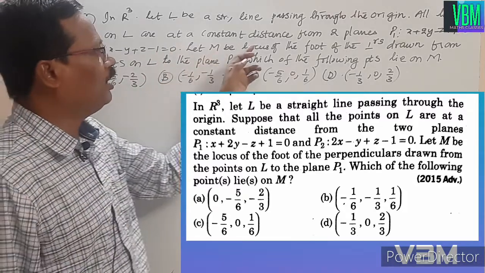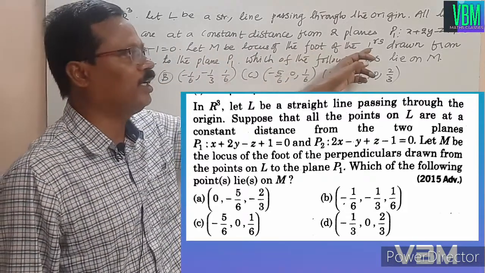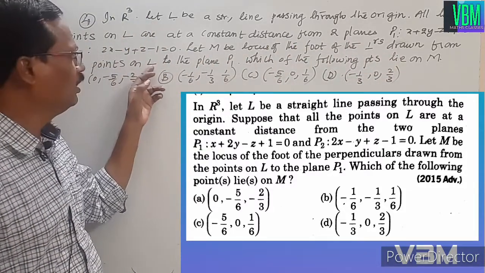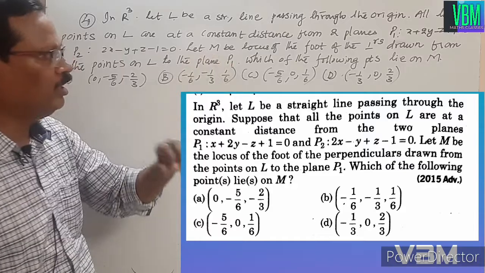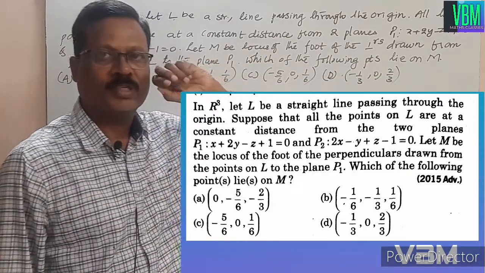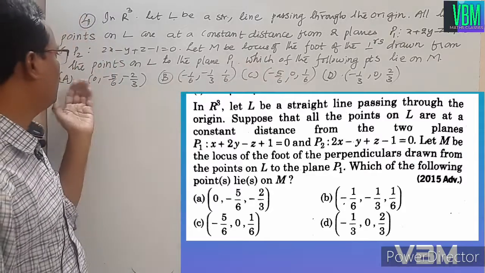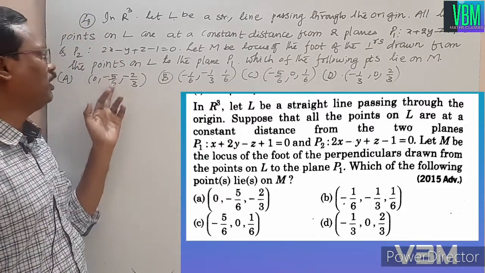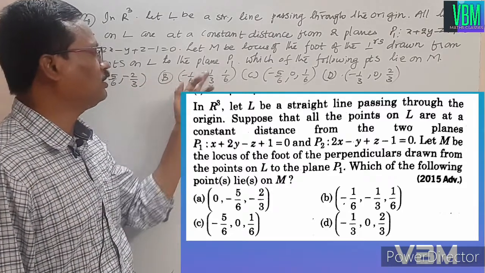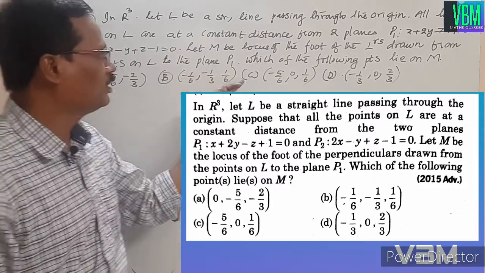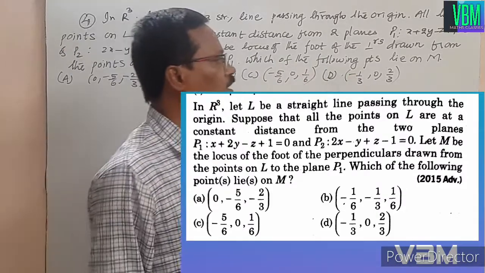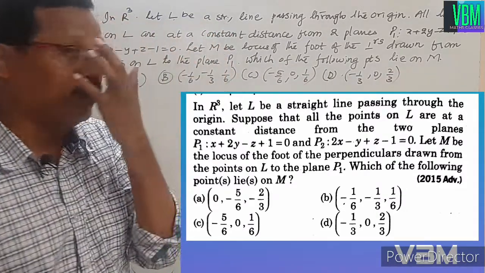Let M be the locus of the foot of the perpendiculars drawn from points on L to the plane P1, then which of the following points lie on M? M is a locus. Now see the options: A, 0, minus 5 by 6, minus 2 by 3; B, minus 1 by 6, minus 1 by 3, 1 by 6; C, minus 5 by 6, 0, 1 by 6; D, minus 1 by 3, 0, 2 by 3.